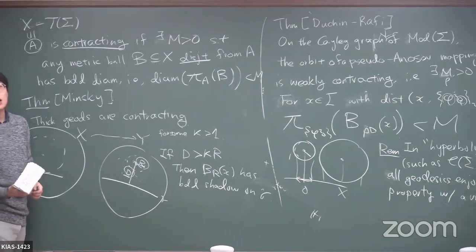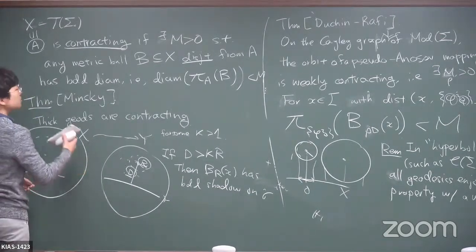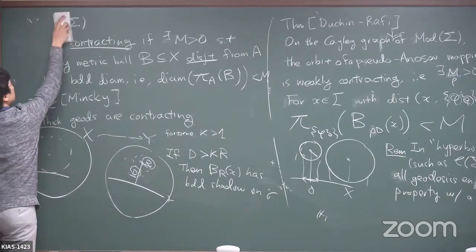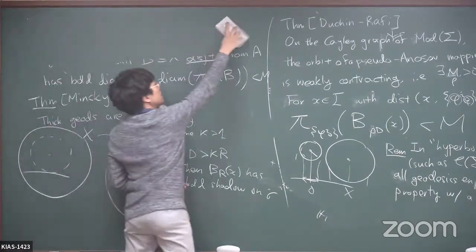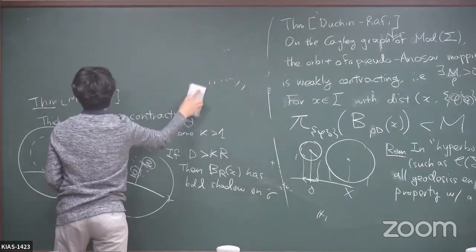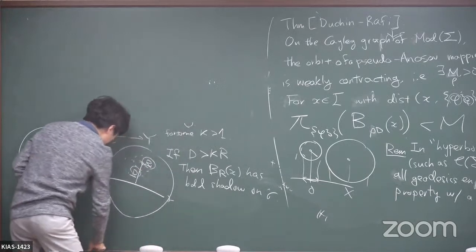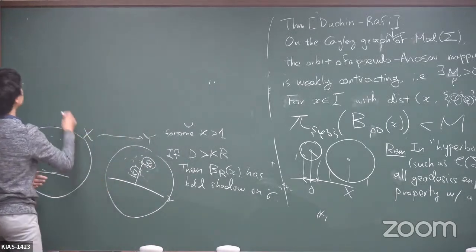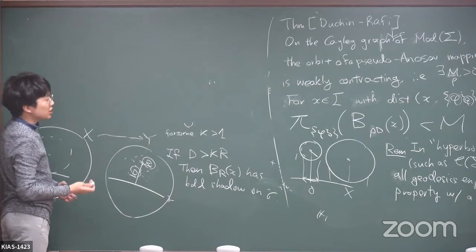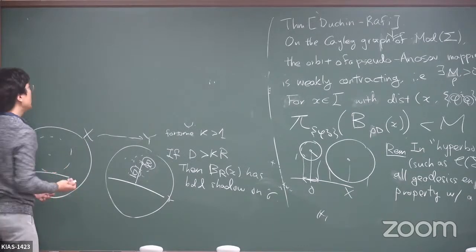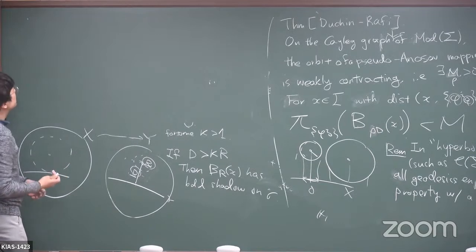So in the remaining time, I will describe basically how this is proven. And this is the ingredient that we will use in the next talk. The geometry of both the curve complex and the Cayley graph of the mapping class group is quite bizarre, and also Teichmüller space.